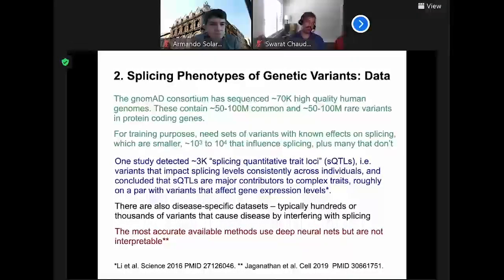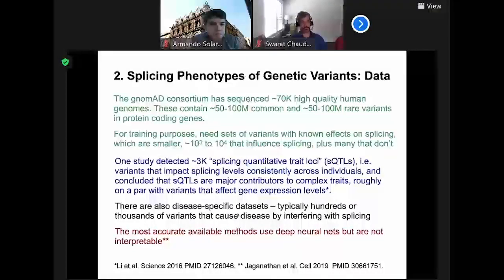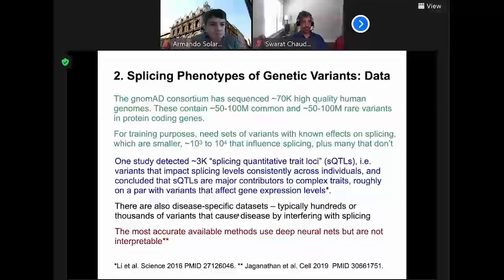One study detected about 3,000 splicing quantitative trait loci, or sQTLs. And so there are starting to be sets of examples of variants that do affect splicing. There are also many disease-specific data sets with typically hundreds or thousands of variants that are associated with disease, often by interfering with splicing.